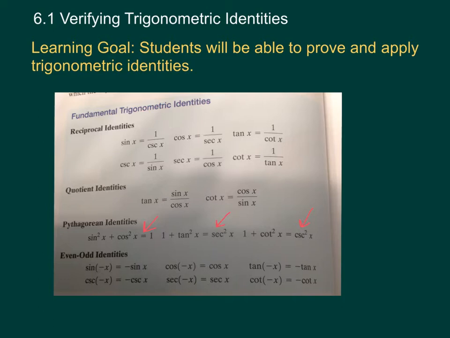So, for example, if you wanted to solve for cotangent squared, you would just subtract the 1 over. So you can manipulate these however you want so that it will help you to verify an identity.